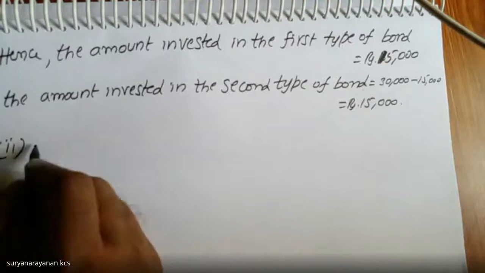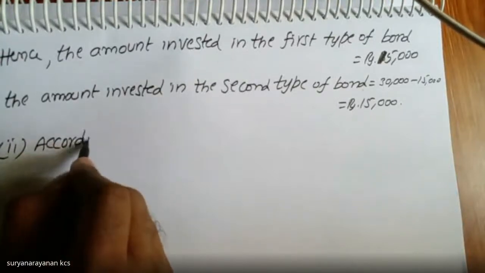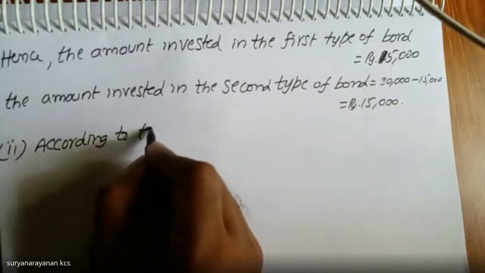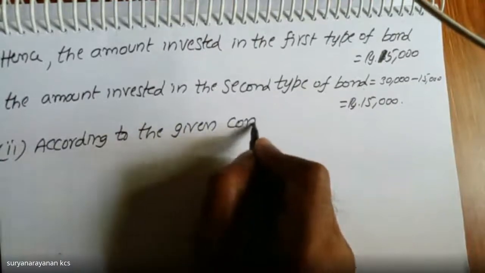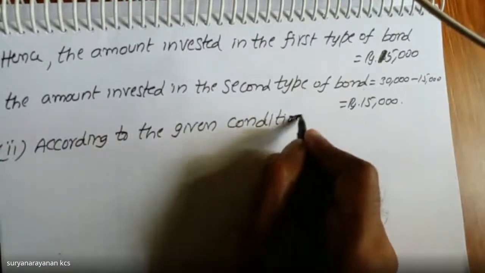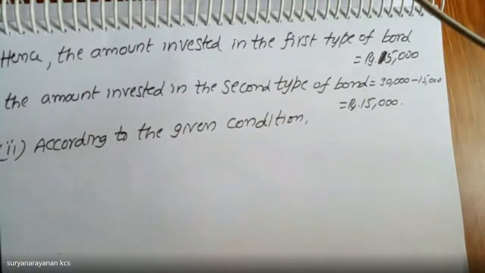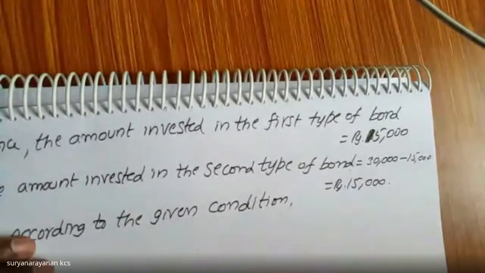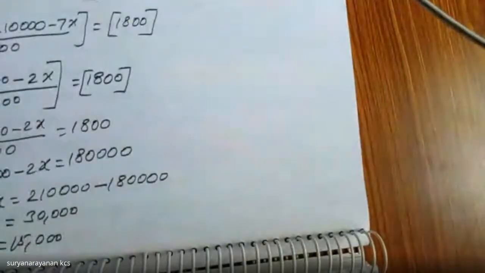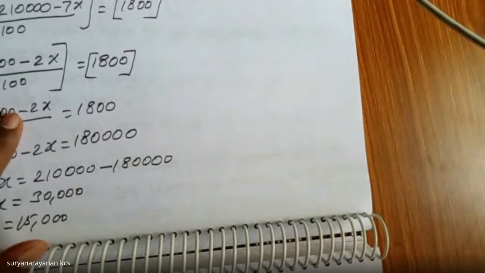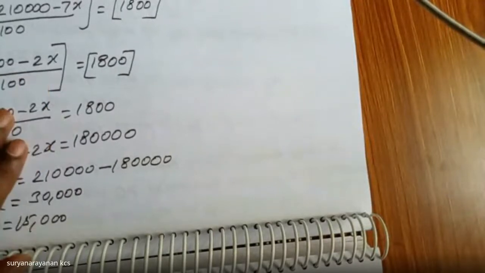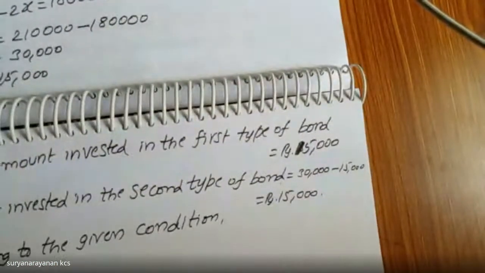According to the condition, we can take directly this amount equal to 2,000 rupees: 2,10,000 minus 2x by 100 is equal to 2,000. We are taking the step directly here.